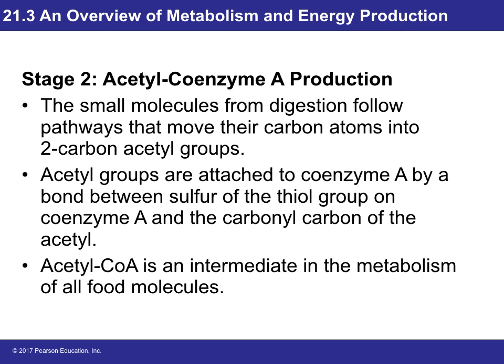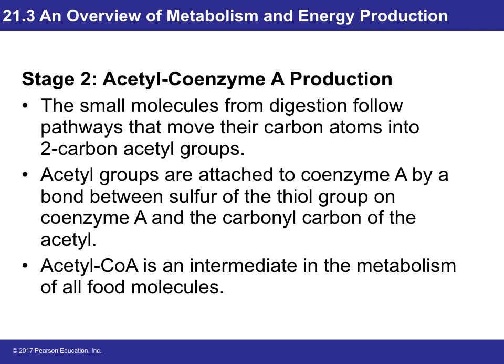The next step is what we call acetyl coenzyme A production. I have the next slide that shows you a summary, because I really would like you to understand how it works. Part of it is outside of the mitochondrion, takes place in the cytoplasm of the cell, and doesn't require any oxygen.